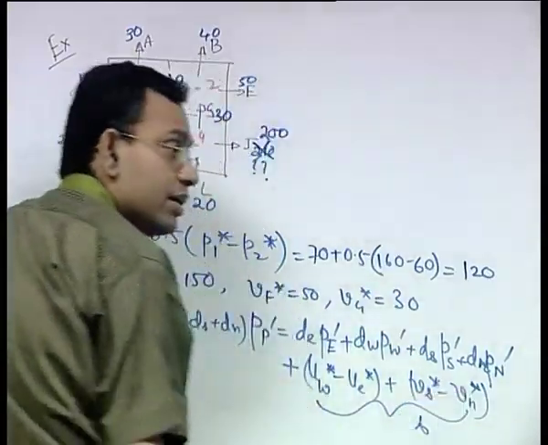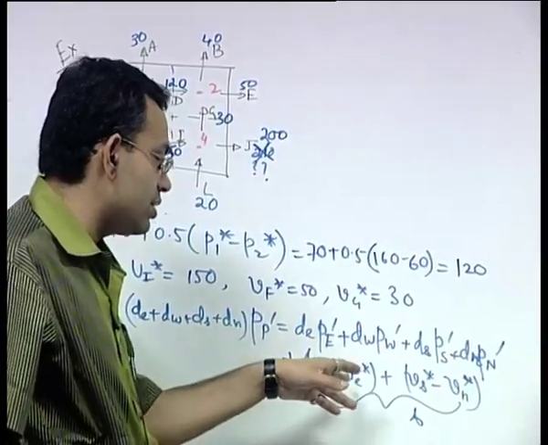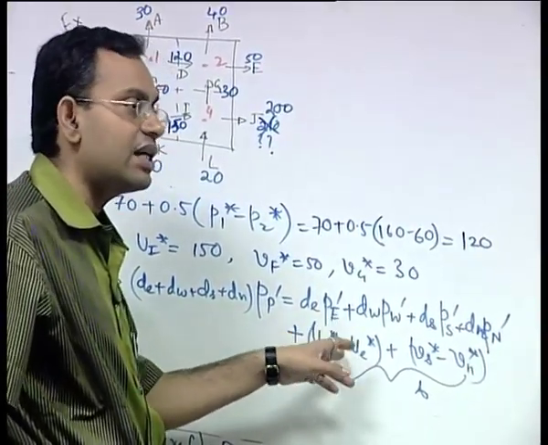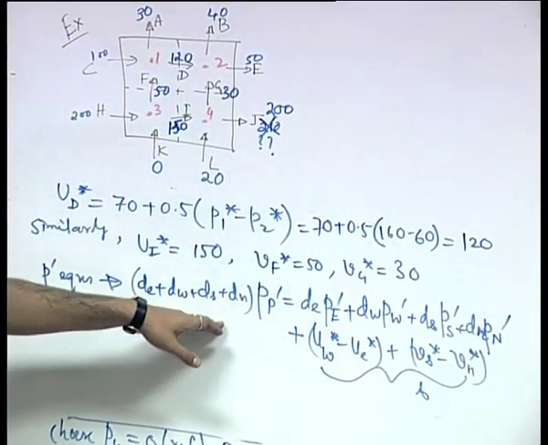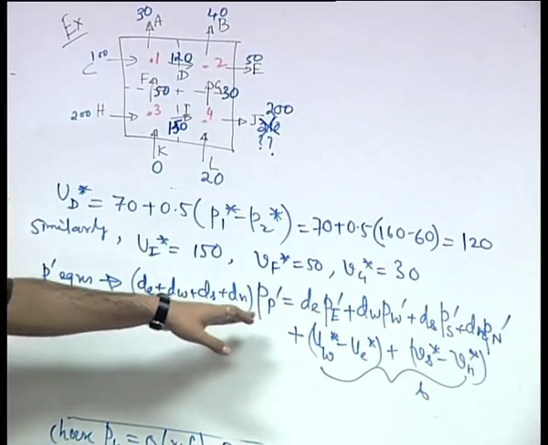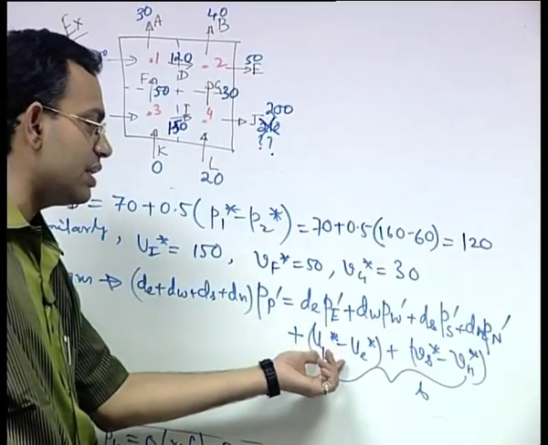This is the term B. Again very similar to the pressure equation, thus it is just a switching between the hat and the star. Okay. So this we have already derived for the pressure equation. So just using the analogy, we have changed the pressure to pressure correction, we have changed the hat to star.